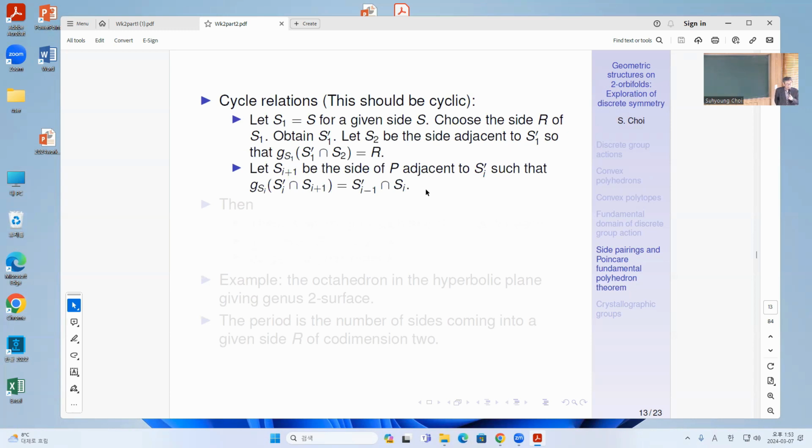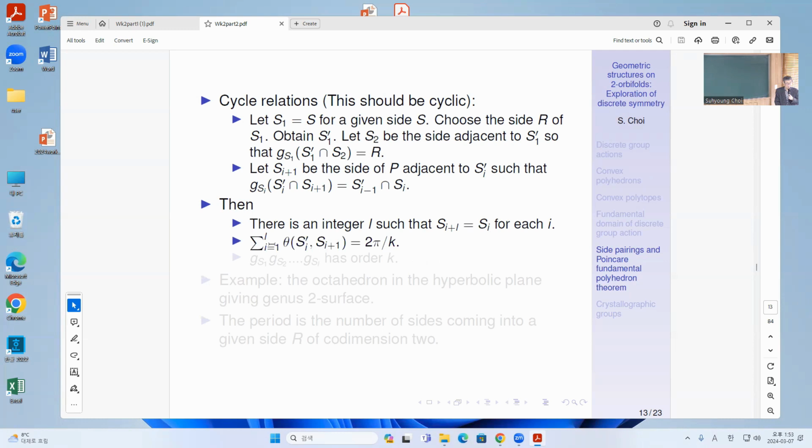Right, so in this sequence you can keep obtaining these sequences of bases, sides, and then there's some integer L so that this will come back to itself. After L it will be the same because there are only finitely many, and then this is a cyclic procedure.